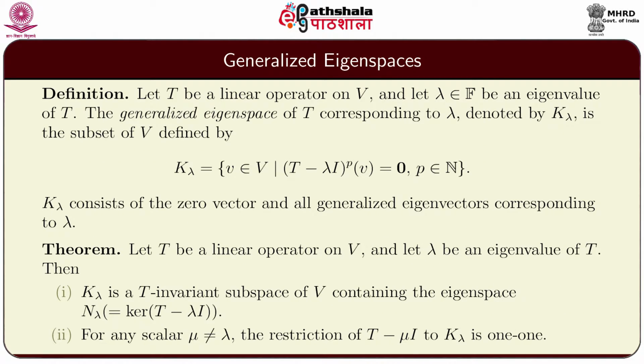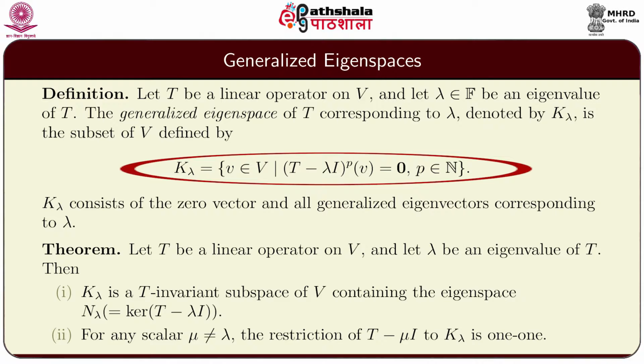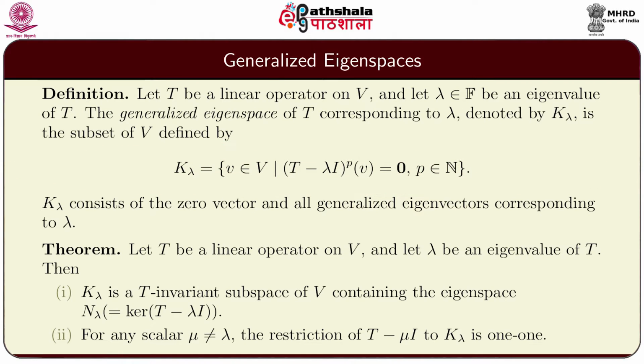Let us now define what is called the generalized eigenspace of T. T is a linear operator on V, and λ is an eigenvalue of T. The generalized eigenspace of T corresponding to λ, denoted by K_λ, is the subset of V defined by the set of all those vectors v such that (T − λI)^p(v) is the 0 vector for some positive integer p.